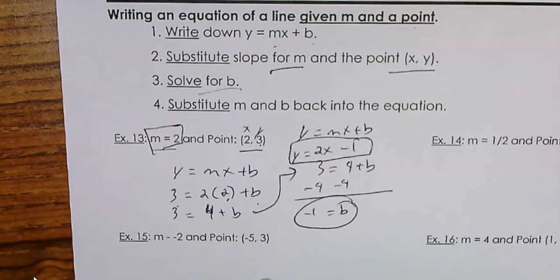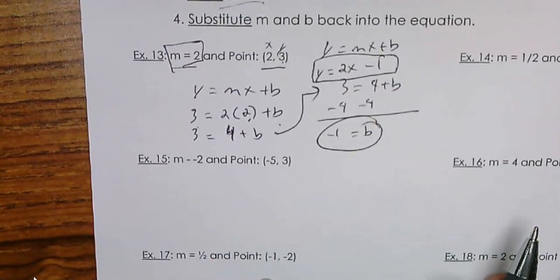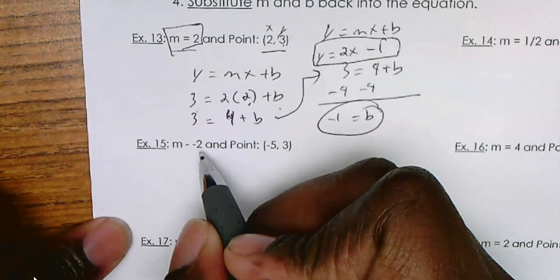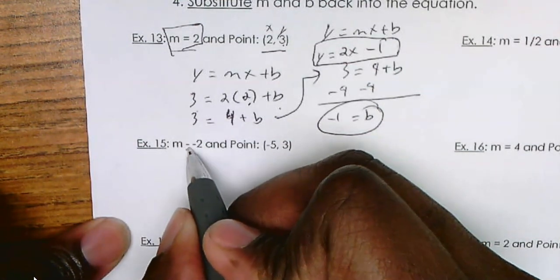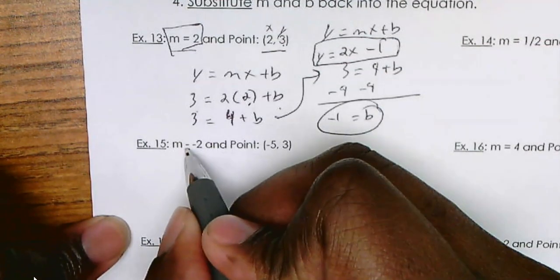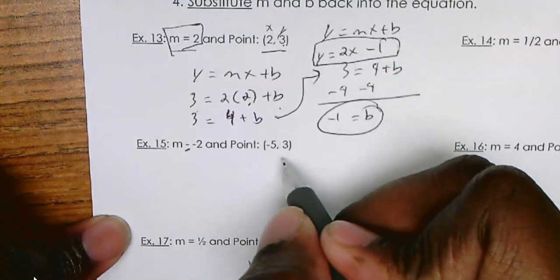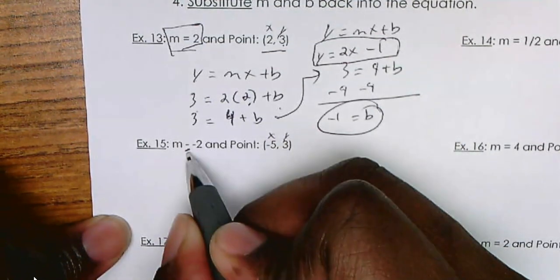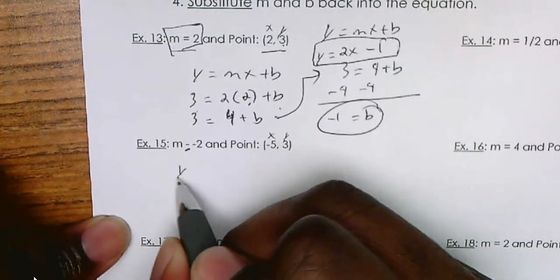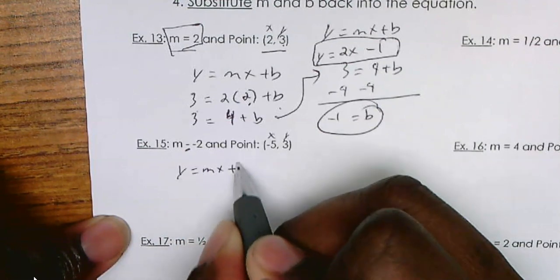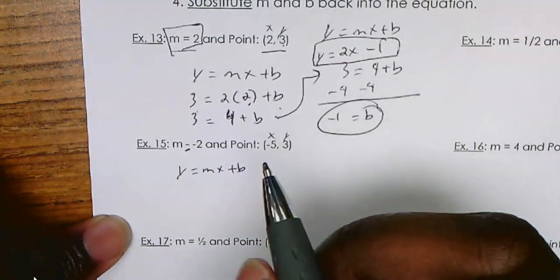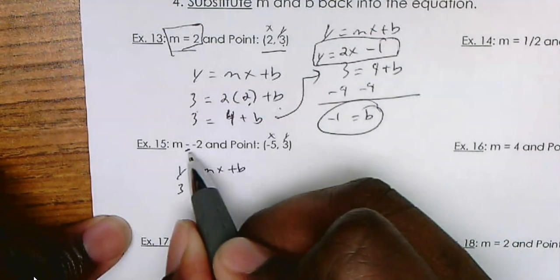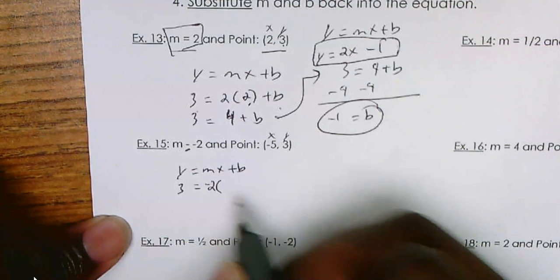We'll give another one. The one beneath is number 15. In that one, m is -2. It should be an equal sign there. So m is -2, and the point is -5, 3. So this is x and y, and this is m. So y equals mx plus b. If y is 3, I plug in 3. My slope is -2, so I plug in -2.